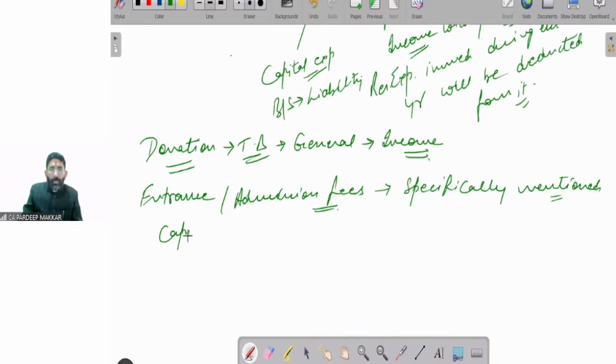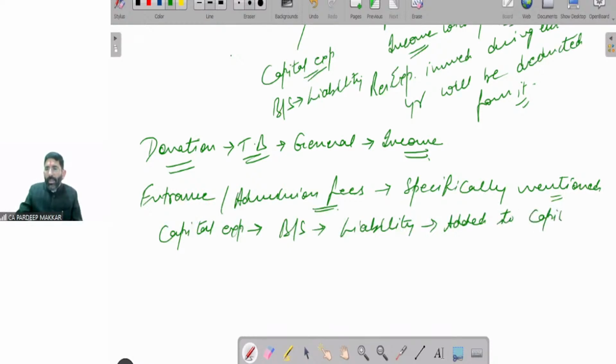If it is treated as a capital receipt, then it will be entered in the balance sheet, liability side, added to capital fund. Capital is named as capital fund in this chapter. If it is to be assumed as revenue, then it will be a revenue income. Sorry, not capital expense and revenue expense. We should write capital receipt and revenue receipt.